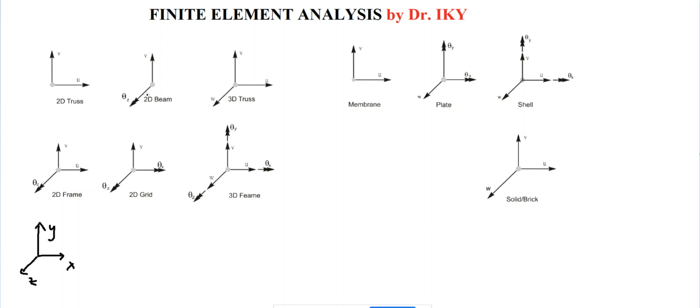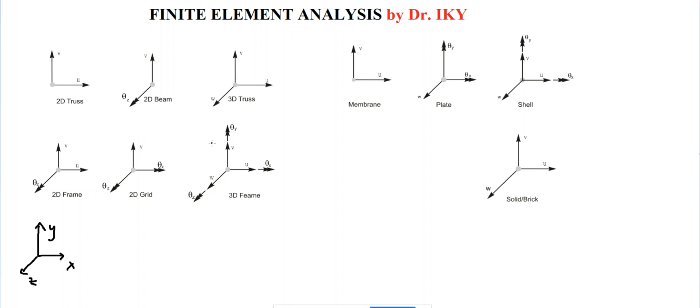And we have got the 2D beam, not truss. This time, this one is going to give us one displacement in the direction of v and rotation around z. This is the moment vector of z. So this will give us theta z around the axis z.